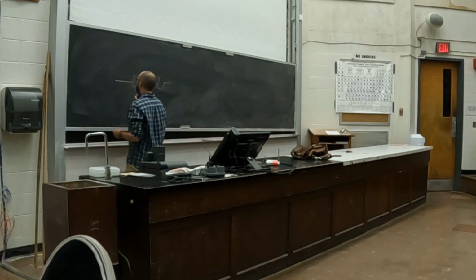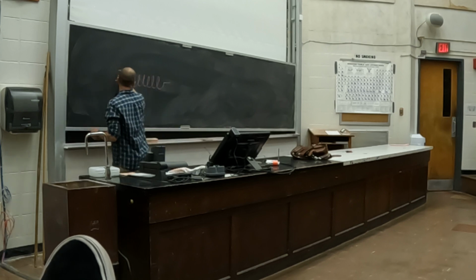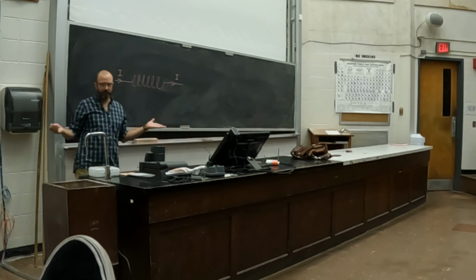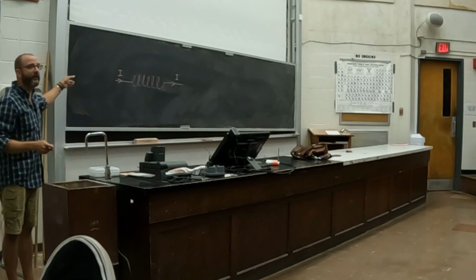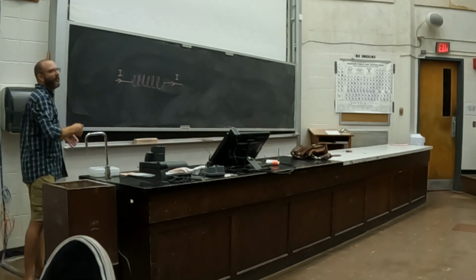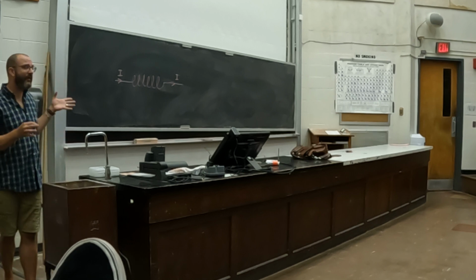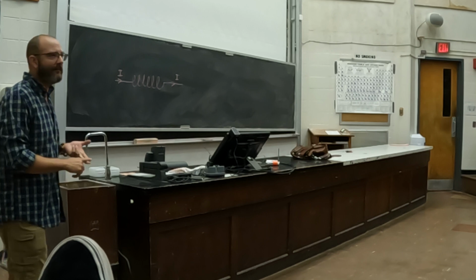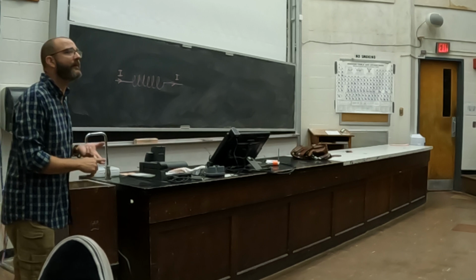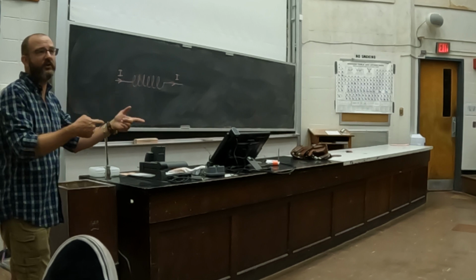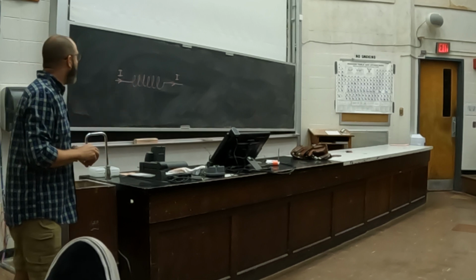I'm only going to draw a part of the current. Clearly, there's other parts of this circuit. It has to connect, or it's not a circuit, right? I'm just going to draw a part of it. And I'm going to say that when we're looking at it, my current is steady. In other words, not changing in time, right? So it's moving, or I should say the charges are moving, the current is flowing.